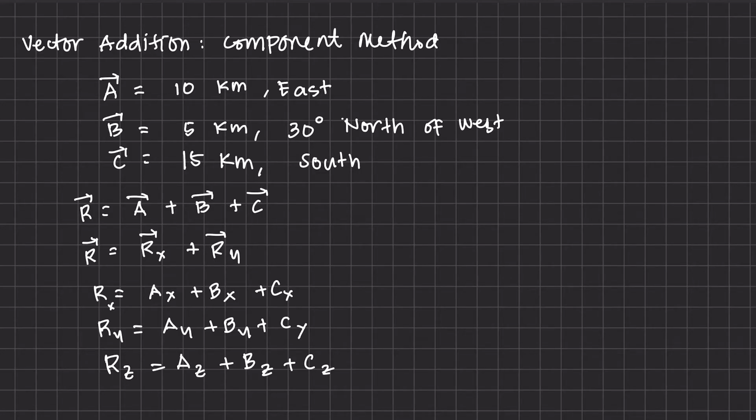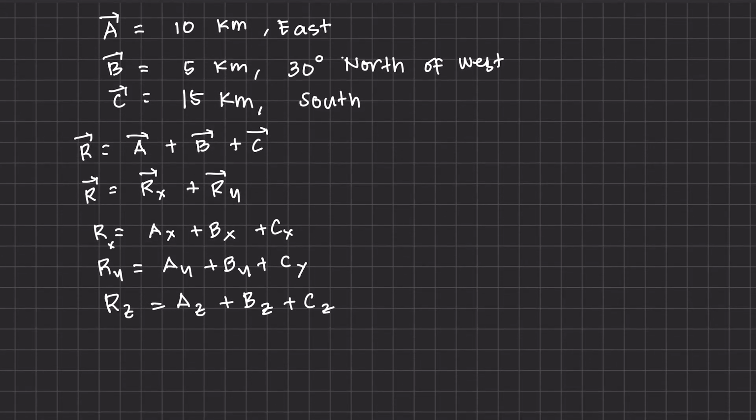Okay? And then, so that's our guide. And also, in getting the magnitude and direction of the resultant vector, for the magnitude, it will be very easy because the magnitude of our resultant vector is just equal to the square root of Rx squared plus Ry squared plus Rz squared.